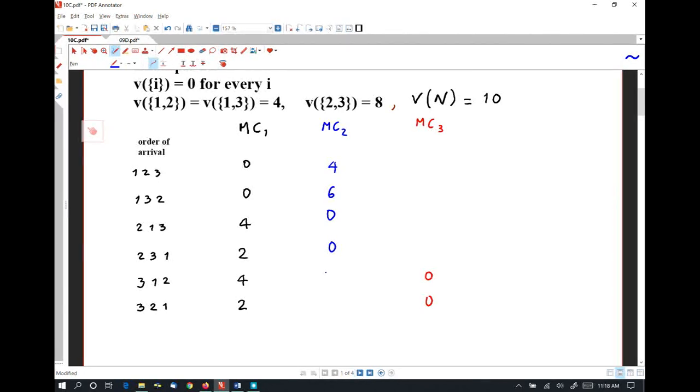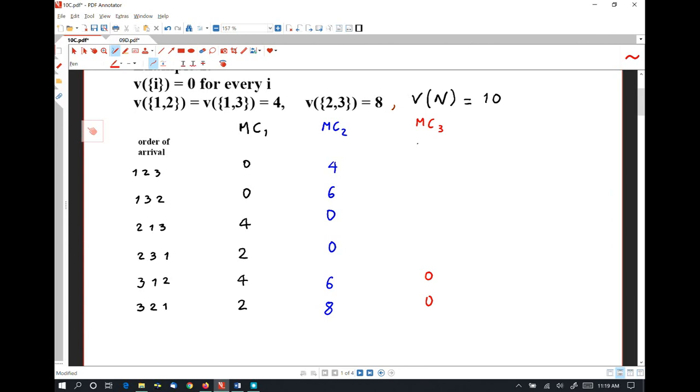The same is true here: when 1 and 3 are in the room, we have 4, and then when all of them are there it is 10, so 10 minus 4 is 6. And finally, if player 2 arrives after player 3, then we go from 0 to 8, so the marginal contribution is 8. And then we go to player 3.